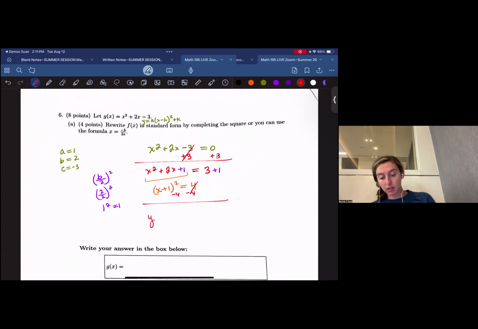Our y is equal to, our a value is just 1, so we don't have to write that in. And then we have our x minus h, which is minus negative 1 in parentheses squared, minus 4. If you wanted to put the a in, you could. But simplified, this is just x plus 1 in parentheses squared minus 4. And we're done.